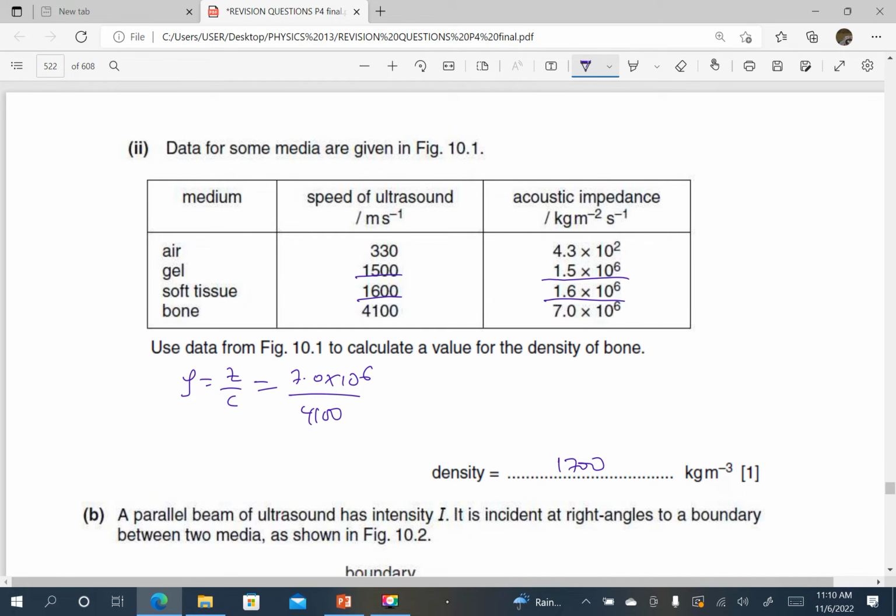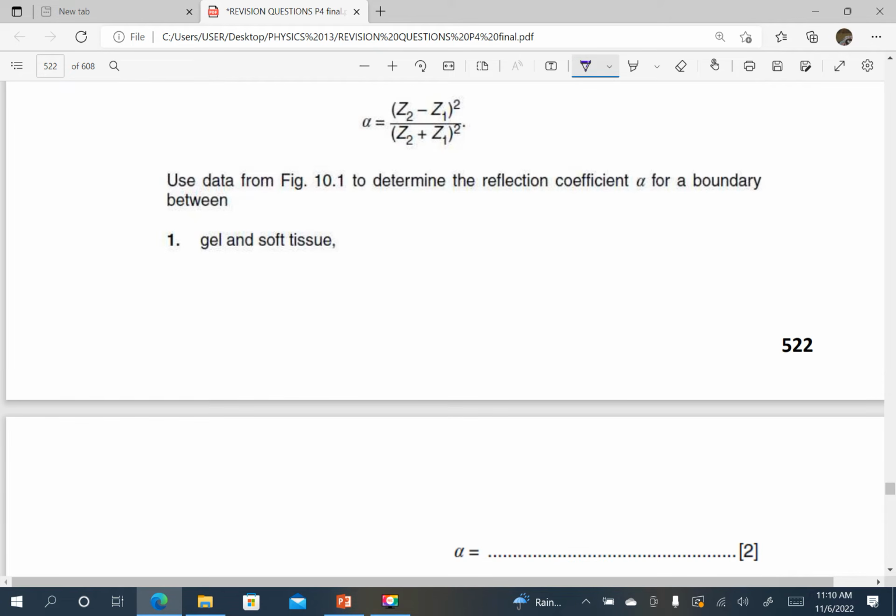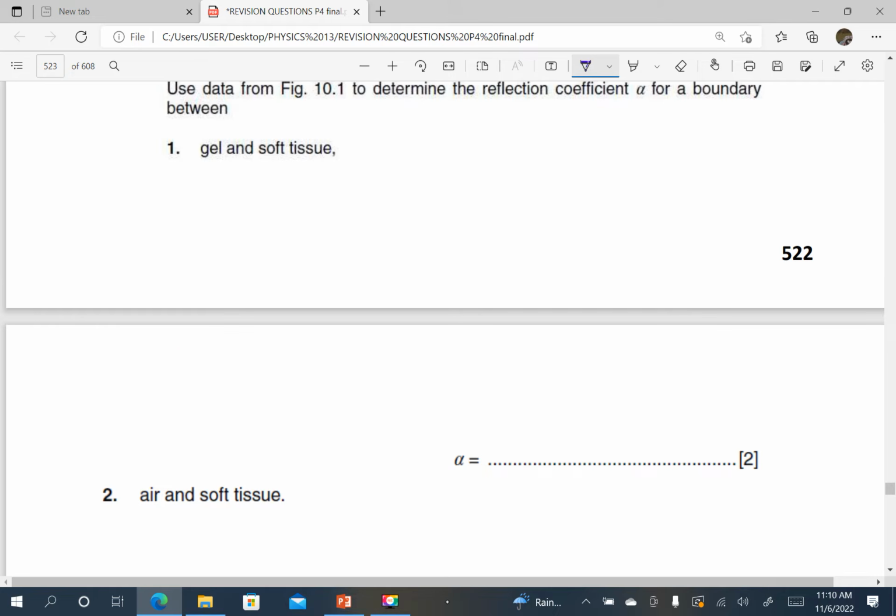So we want alpha. Since they gave us the formula, I'll simply say soft tissue is 1.6, gel is 1.5, over 1.6 plus 1.5, and this is squared. I ignore the powers of 10 to the 6 because they are the same.